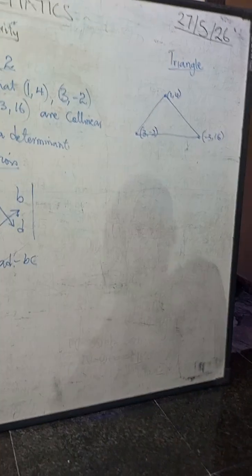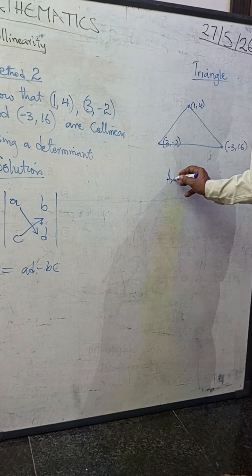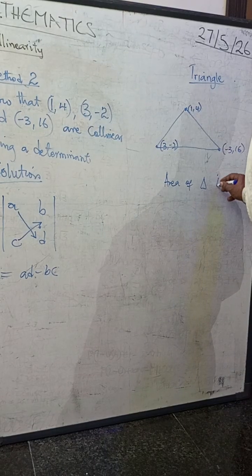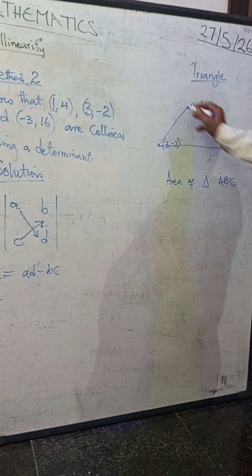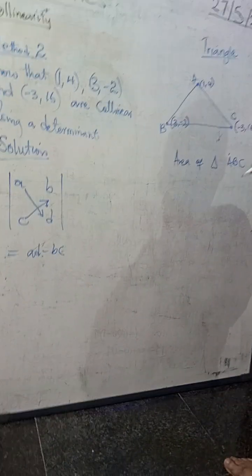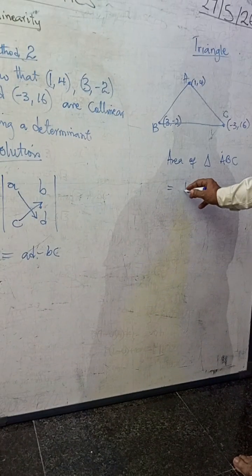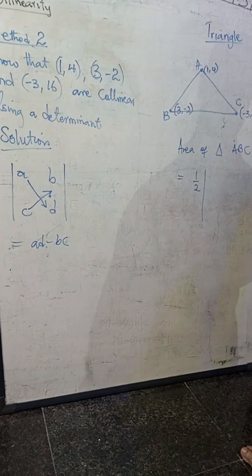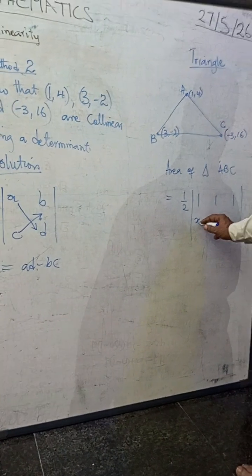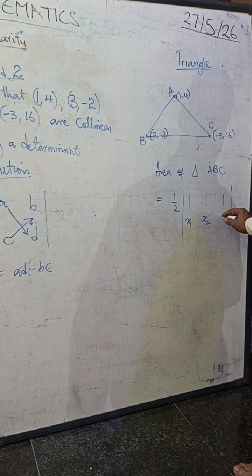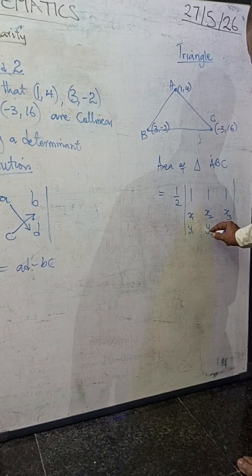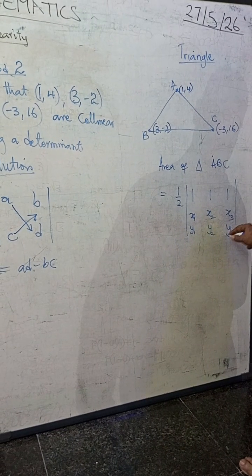And the formula to find the area of the triangle, in this case area of triangle ABC, let me call this A and this B and this is C, will be equal to 1 over 2. Then you have this 1, 1, 1, x sub 1, x sub 2, x sub 3, and then y sub 1, y sub 2, and y sub 3.